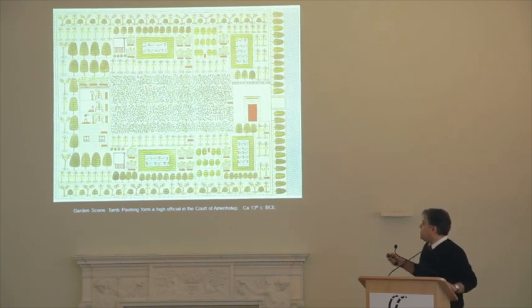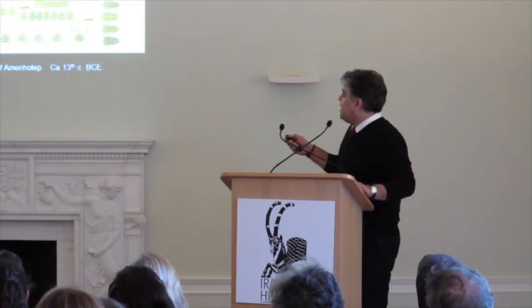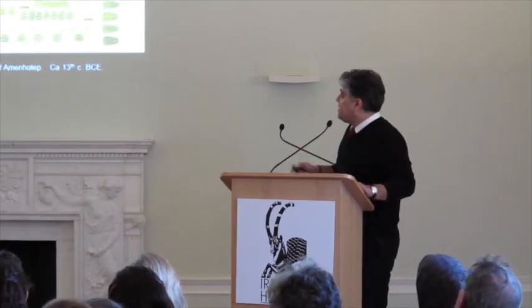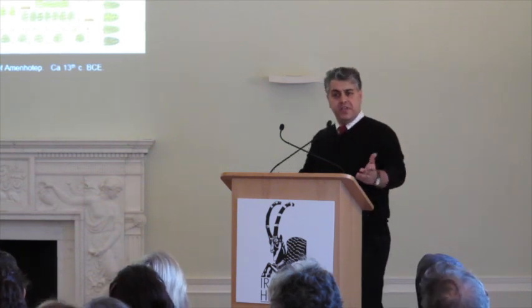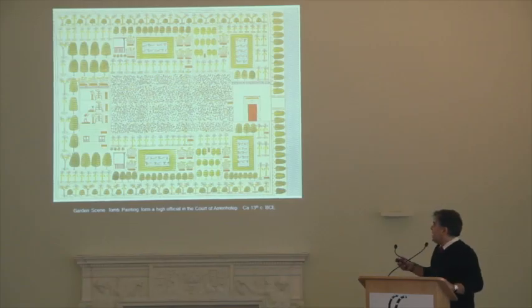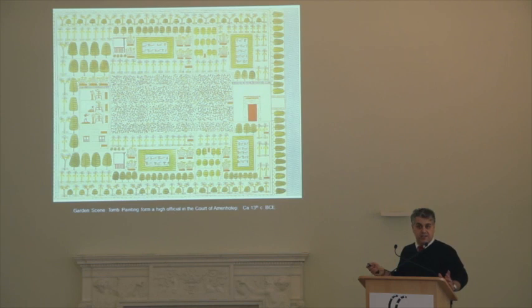As you can see here, there is a central courtyard, an entrance, and a building. But what makes this painting unique, especially for architects, is that you can see the elevation or the facade of the building, as well as the site plan, but also a section of the building.